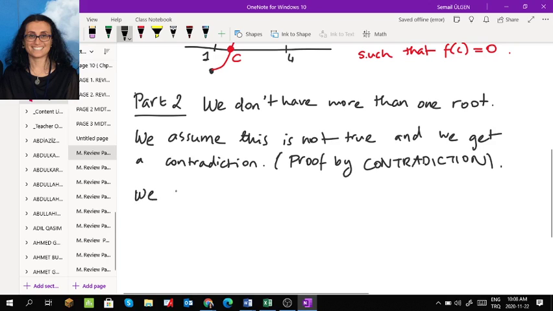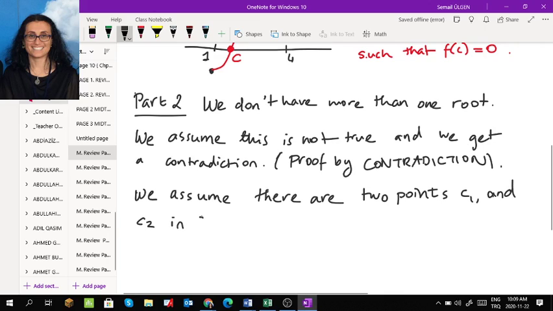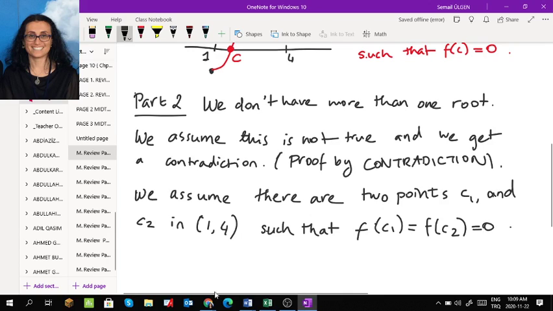So we assume there are 2 points, let's call them C1 and C2, in 1 to 4 such that f of C1 is equal to f of C2, which equals 0.